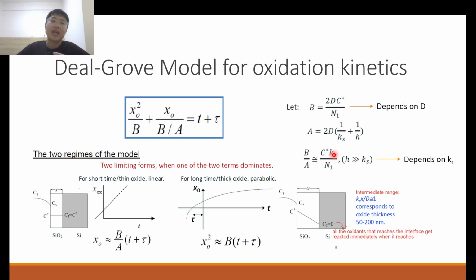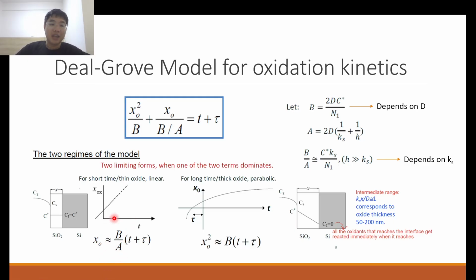And so it turns out that when there's only a thin oxide layer being grown, that means X naught is small. Normally this is when you're growing the oxide for only a short time, so only a certain amount of thickness is grown. We realize that the square term becomes less significant than the term involving only X naught to the power of 1. And so we can only consider this term. And when we only consider this term, we see a linear relationship between X naught, the oxide thickness, and time.